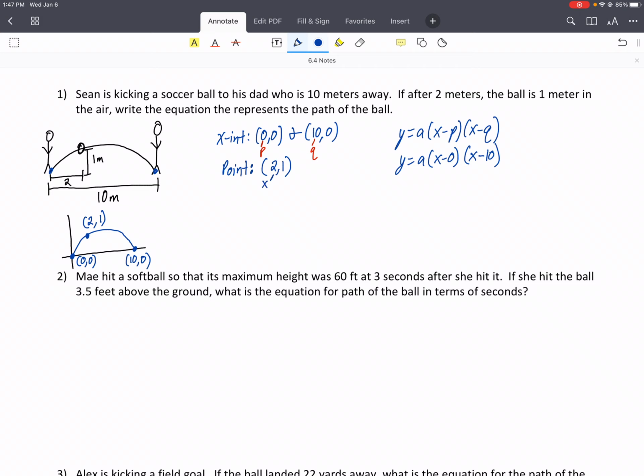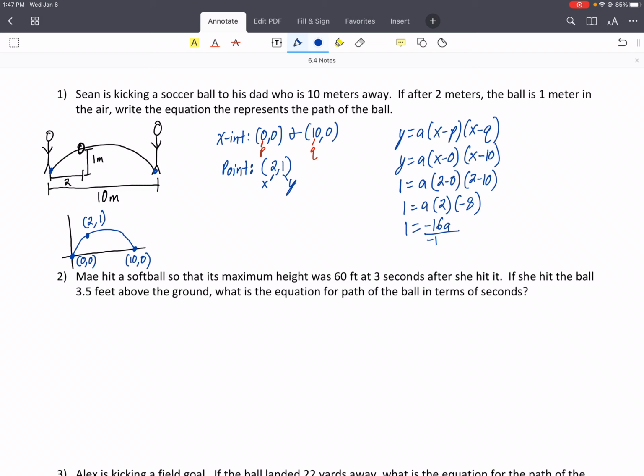And now 2's our x, 1's our y, so we plug that in. We'd have 1 is equal to a times 2 minus 0 times 2 minus 10. So we have 1 is equal to a times 2 times negative 8. 2 times negative 8 is negative 16, so we'd have 1 is equal to negative 16a.